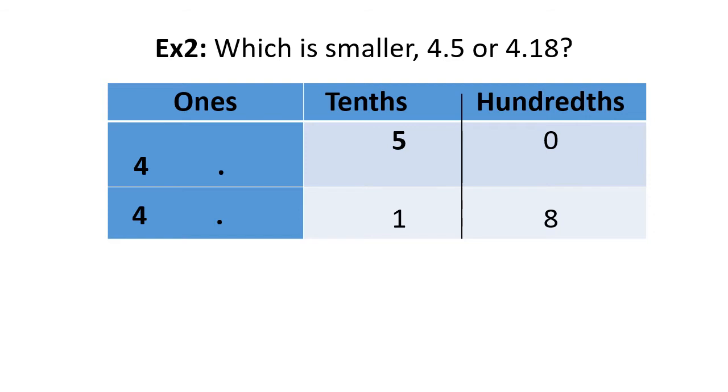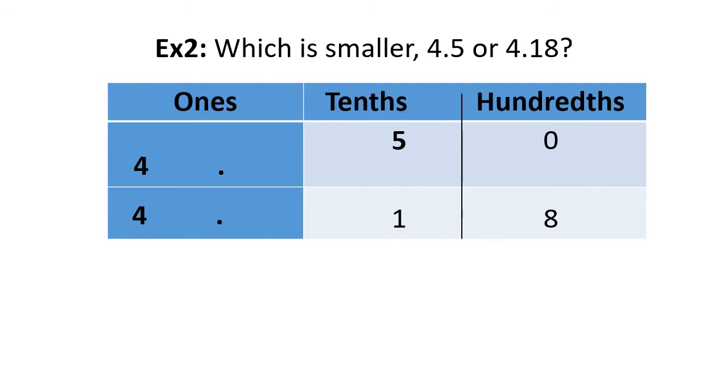And for the hundredths it is 0, because we don't have any more numbers, so teacher puts number 0. How about 4.18? Number 4 teacher puts in the ones place, number 1 in the tenths and number 8 in the hundredths. So we now start to compare those two numbers.